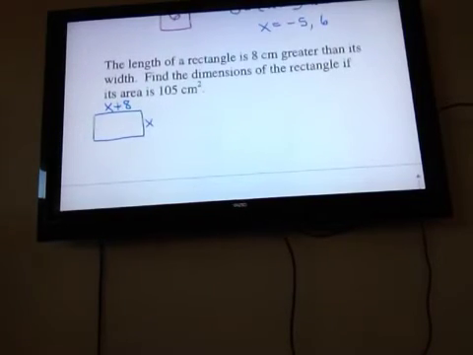Find the dimensions if the area is 105. Area, area, area, not perimeter. So length times width multiplied together equals 105. So area, length times width, not a perimeter here.